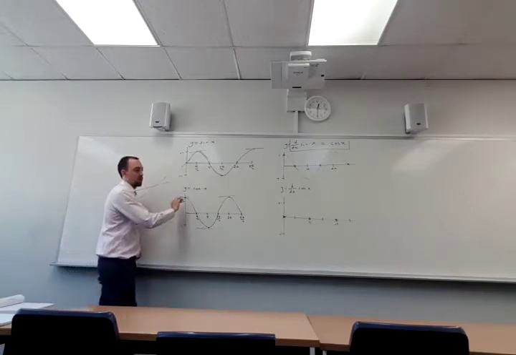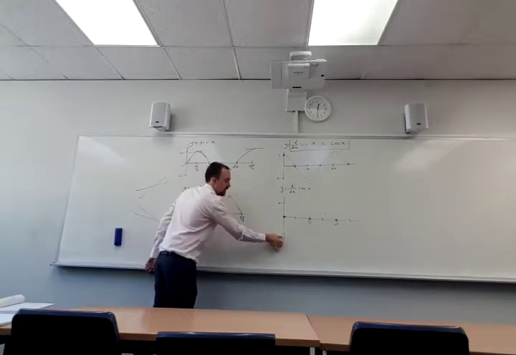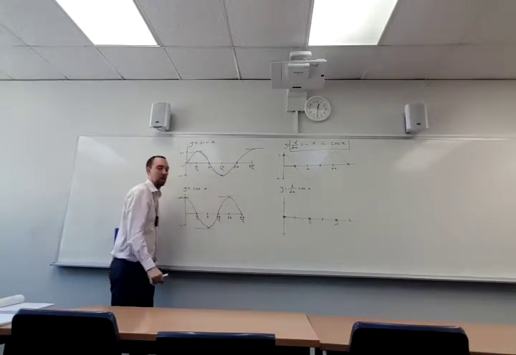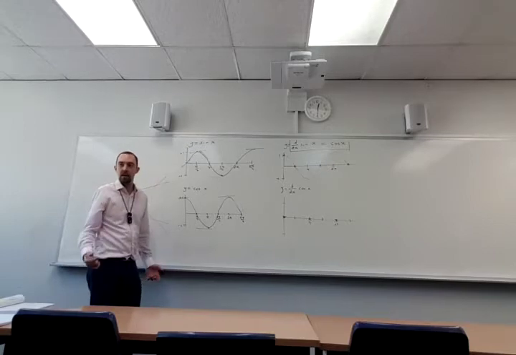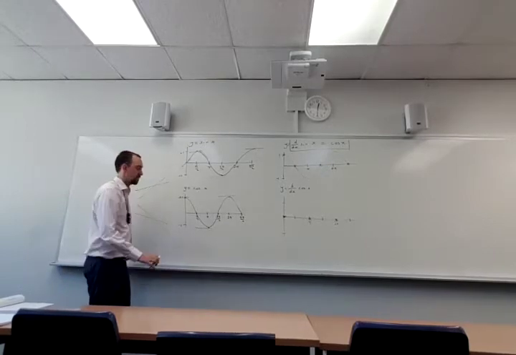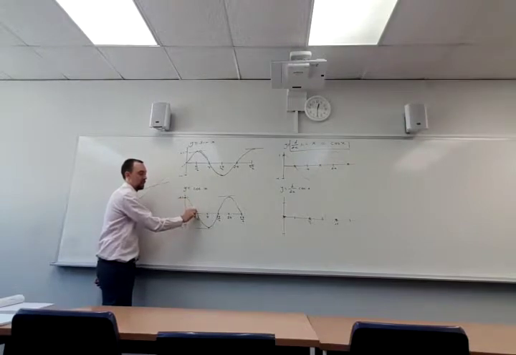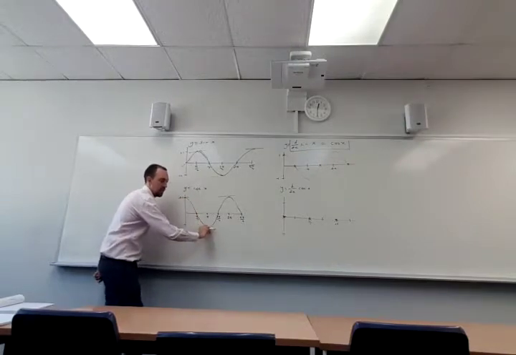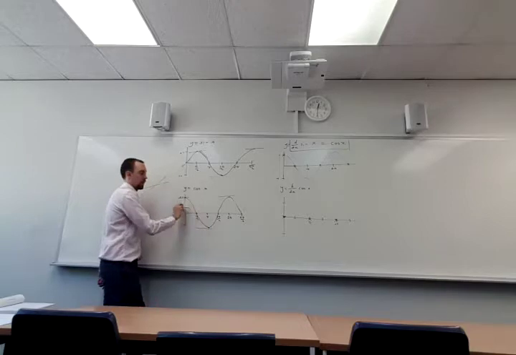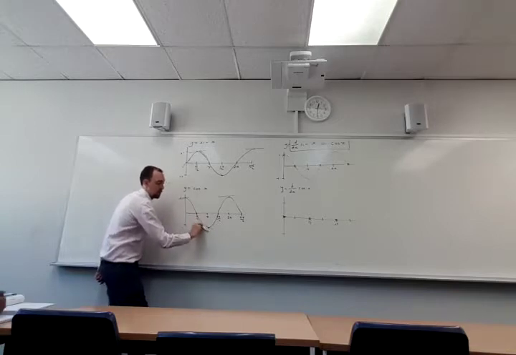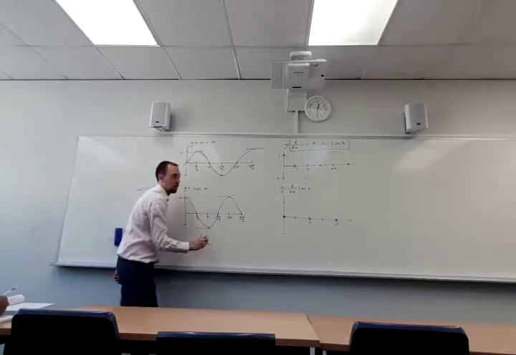So, I could do the same thing here, without the 1 and negative 1. In fact, why not? Now I've erased it. Starts off at 0, gets negative, and then it gets smaller negative back to 0. Yeah? 0, big negative, smaller negative back to 0.